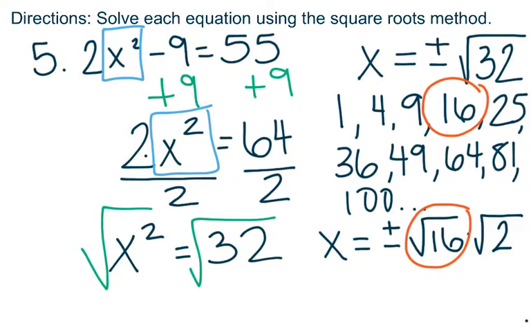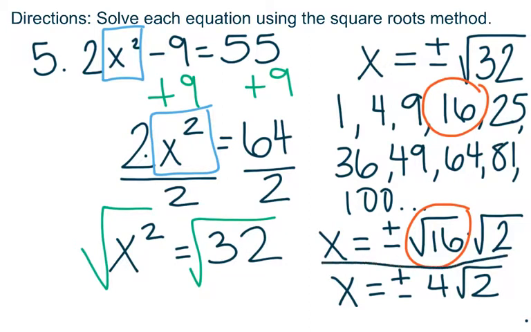And the square root of 16 is 4. So here's how I'm going to rewrite it. X equals plus and minus 4 square roots of 2. I don't do anything with the square root of 2 because remember that's a prime number. It can't be broken down any further. So that is how you would write the square root of 32. You would write it as 4 square roots of 2.